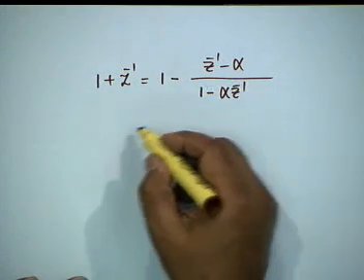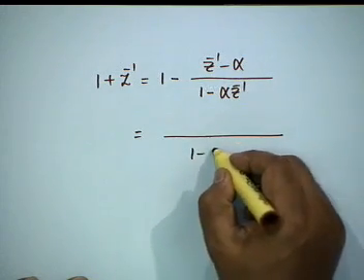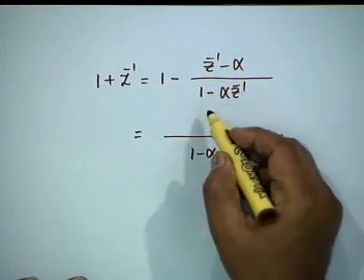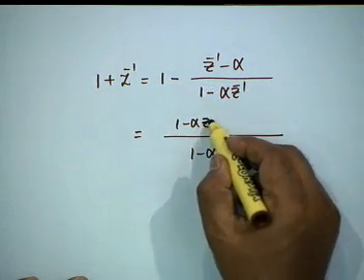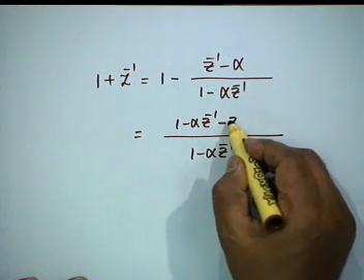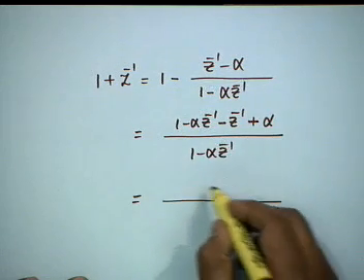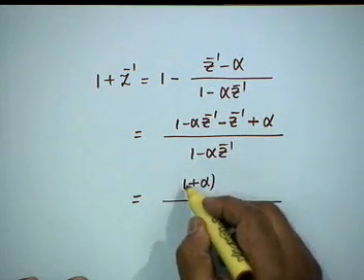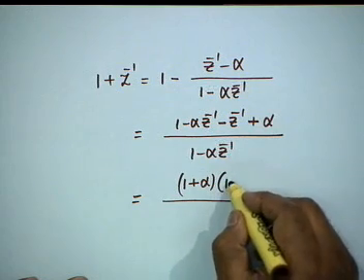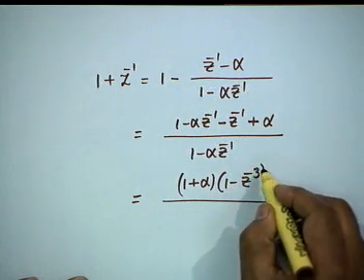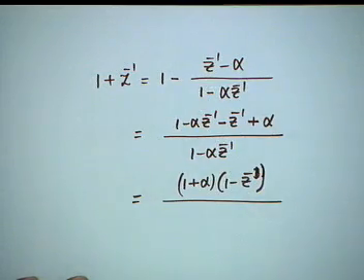Agreed? And therefore, this is equal to 1 minus alpha z inverse. Now, what do you get? 1 minus alpha z inverse minus z inverse plus alpha. So, the numerator can be written as 1 plus alpha multiplied by 1 minus z inverse.